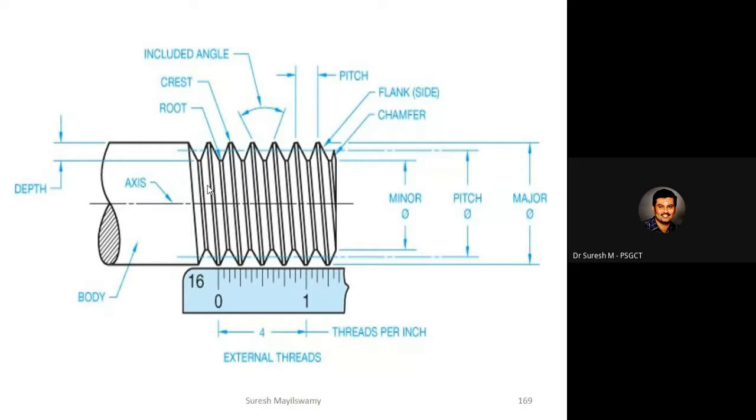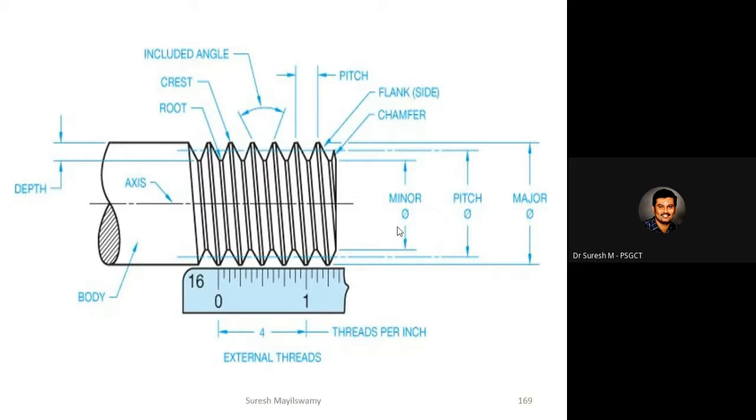So you all know this is the nomenclature of a thread. Here there is a chamfer. This portion is called the flank, the center to center distance of 2 threads is called the pitch, this angle is called the included angle, and this is the root. This diameter is considered the minor diameter, and the major diameter is the outer diameter.